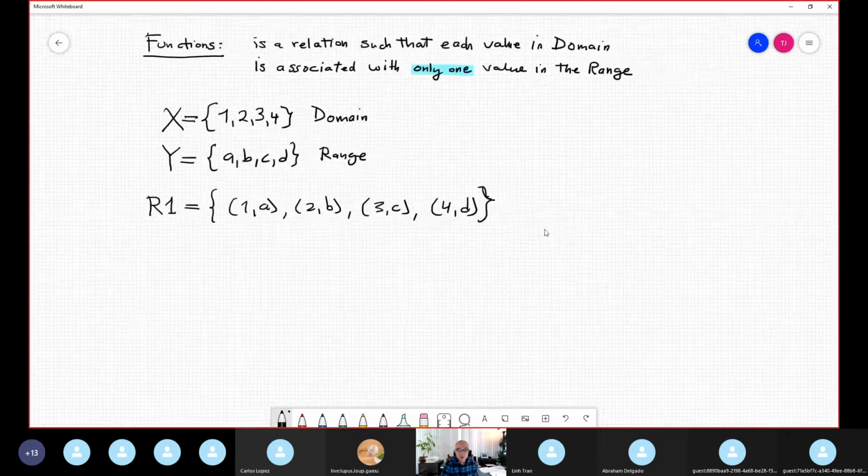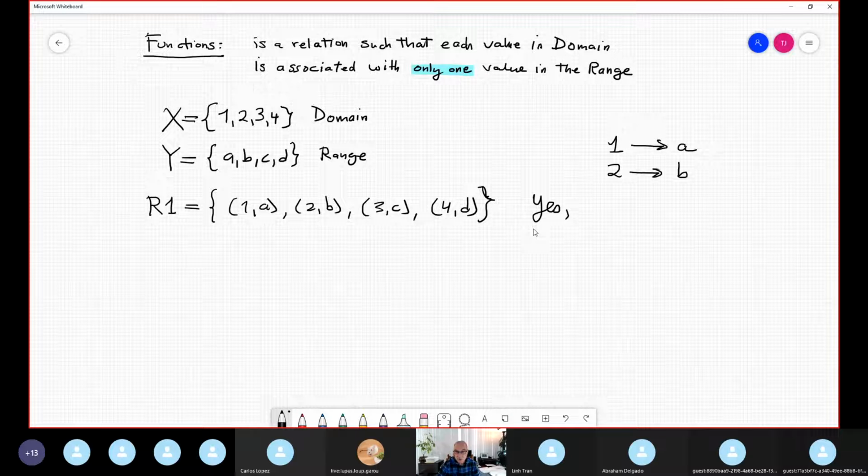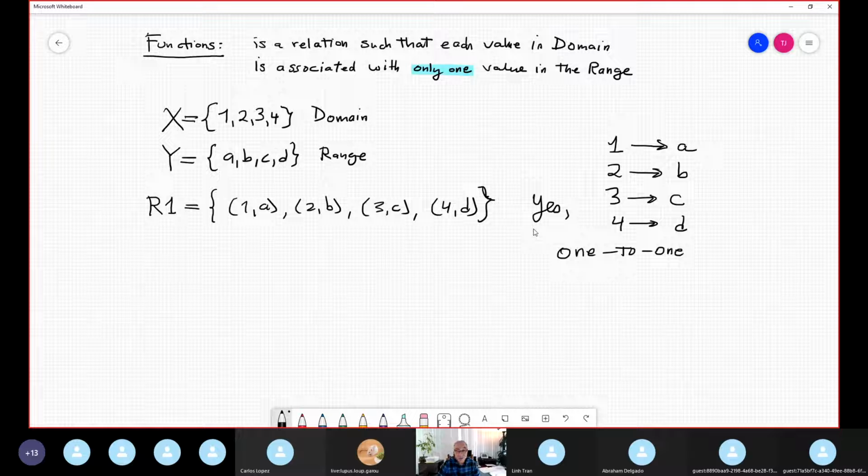According to the definition, it's a relation such that each value in the domain, 1, 2, 3, 4, is associated with only one. Yes, of course. The answer is yes, because it is a one-to-one relation. 1 is associated with A, 2 with B, 3 with C, and 4 with D. It obviously satisfies the condition for a function. Yes, function.